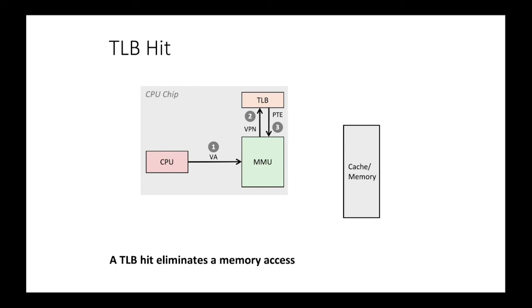And we are ready to do address translation and get the physical address, and we access the memory hierarchy using the physical address to get data or instruction, which is a normal memory access. And the memory hierarchy returns the data or instruction back to the CPU. So this is the good case.